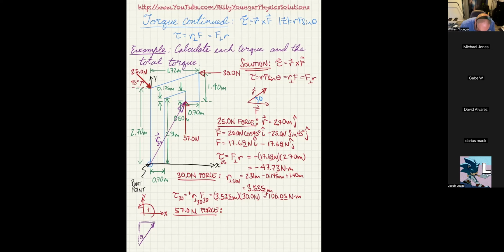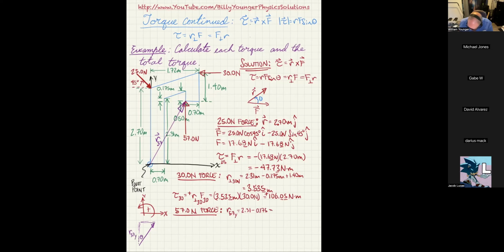So this side right here, which I'll call R57Y, can be calculated as 2.31 minus 0.175, and that's in meters, of course.